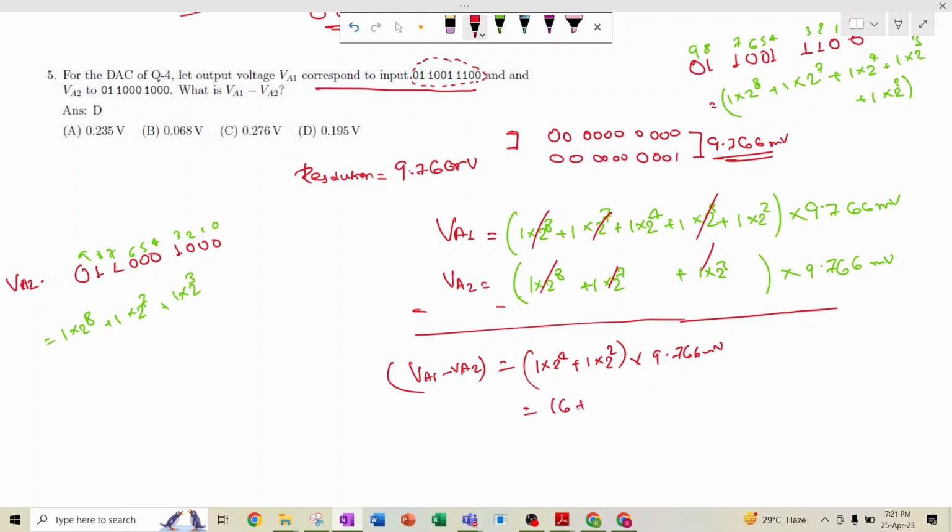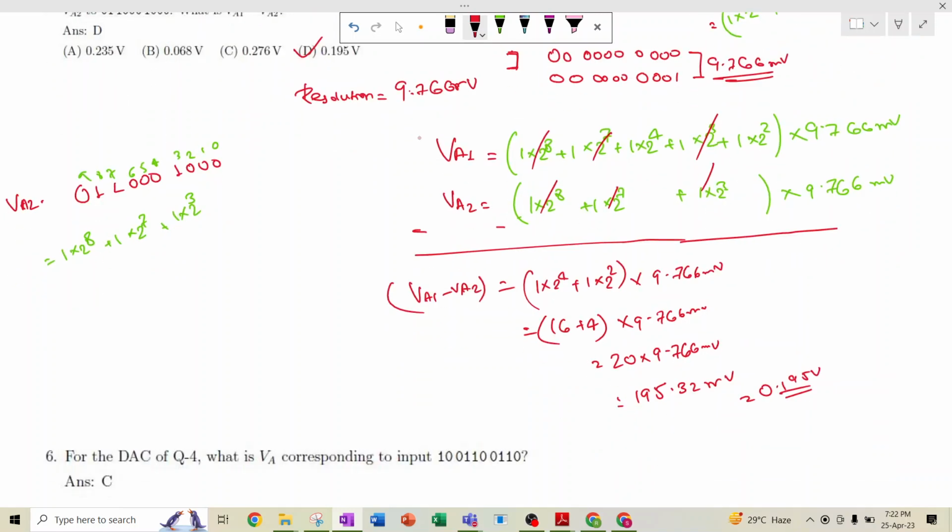So 2 to the power 4 is 16, plus 4, that is 20 into 9.766 millivolt, which is 195.32 millivolt, or 0.195 volt. So the correct answer is option D. This was a more or less easy problem; if you have a clear idea, you can easily solve it.